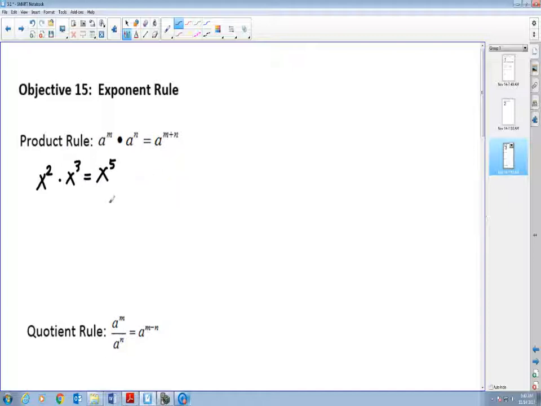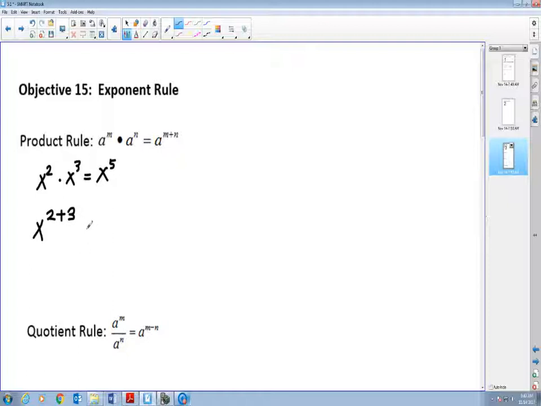Now I'm going to rewrite it this way, okay? Because what we need to understand is not just how the rule is used from left to right. We also need to know how we can use this from the right back to the left. So for example, if I write something like x to the 2 plus 3, which we know is x to the fifth power.